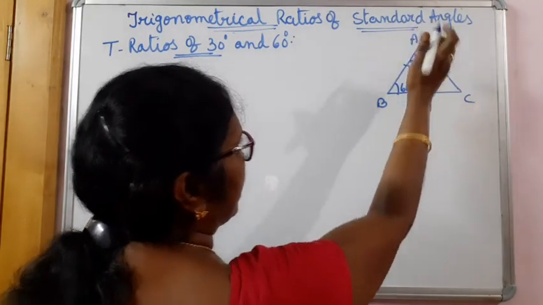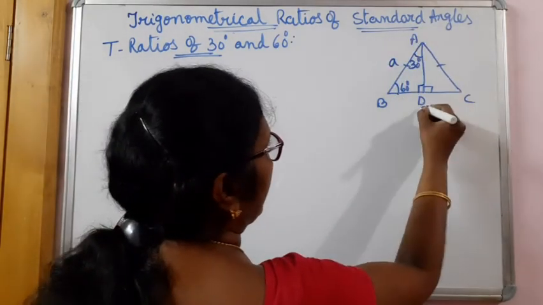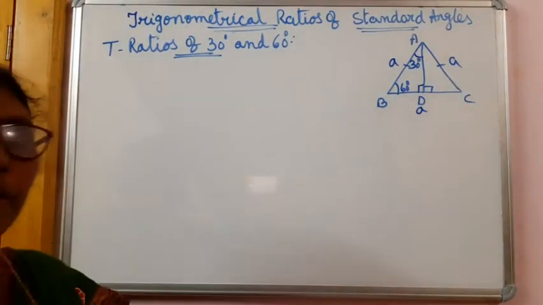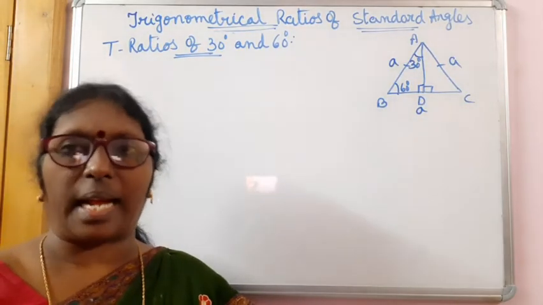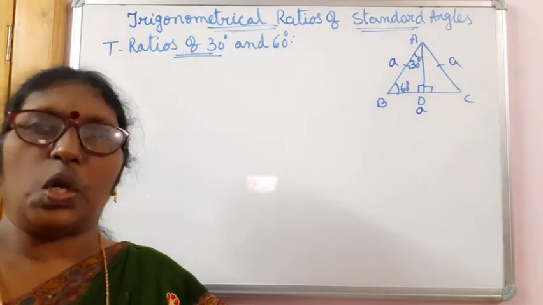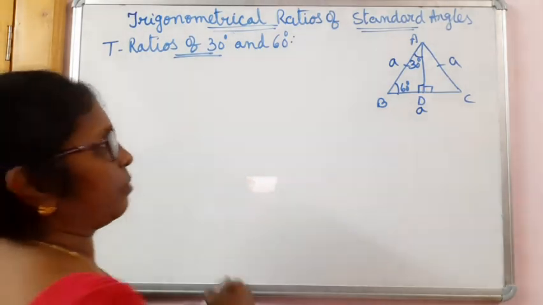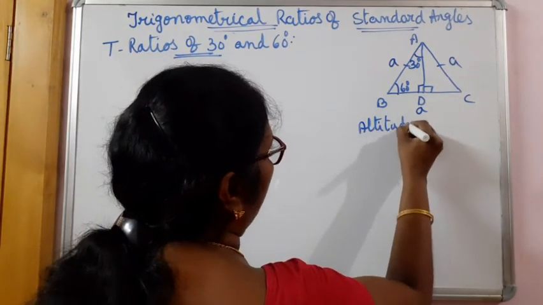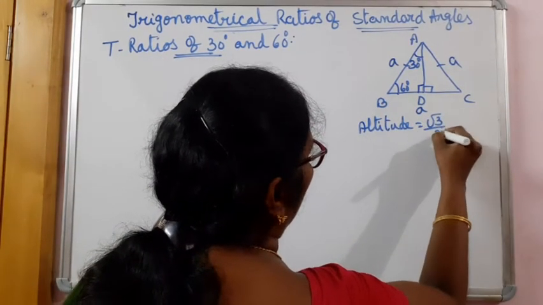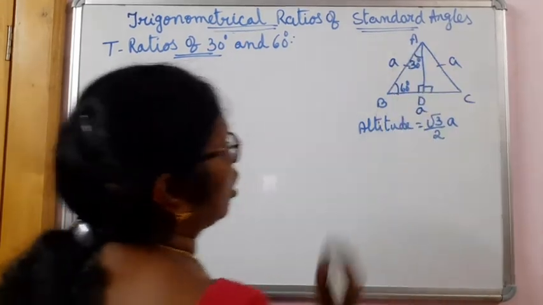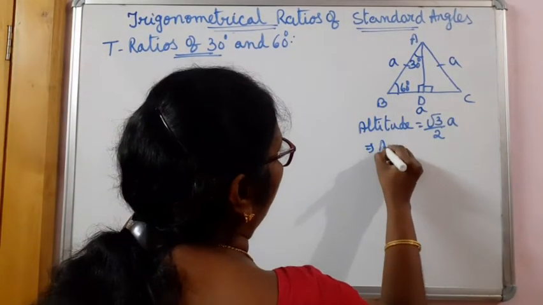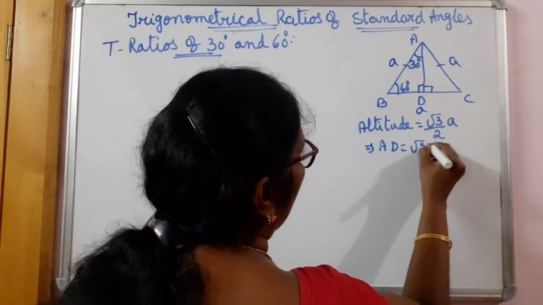In triangle ADB, let us take each side as A. You know that in an equilateral triangle, the altitude is equal to root 3 by 2 into side. The altitude formula is root 3 by 2 into side, here root 3 by 2 into A. So AD is equal to root 3A by 2.